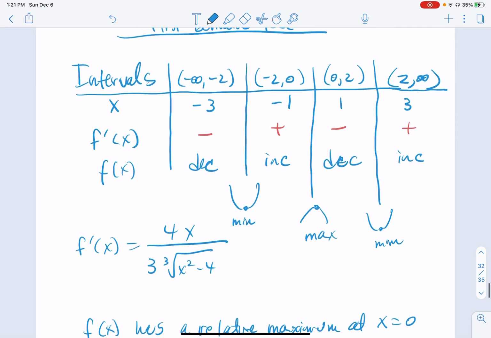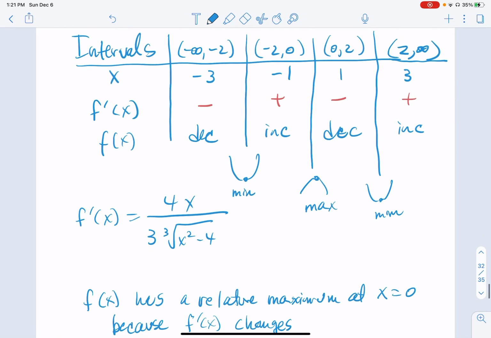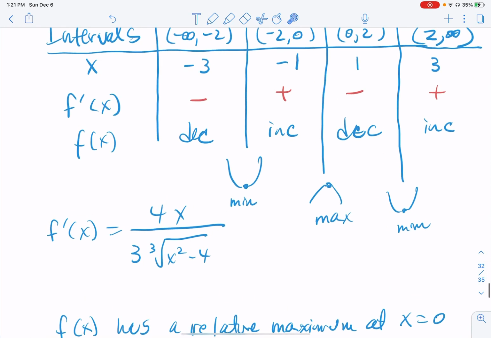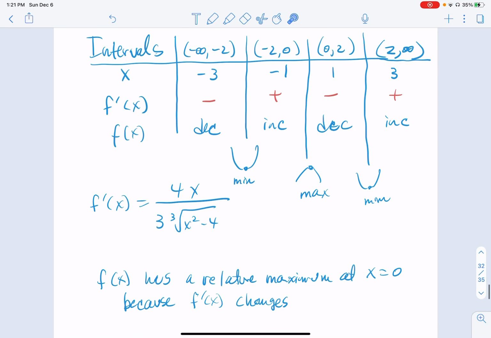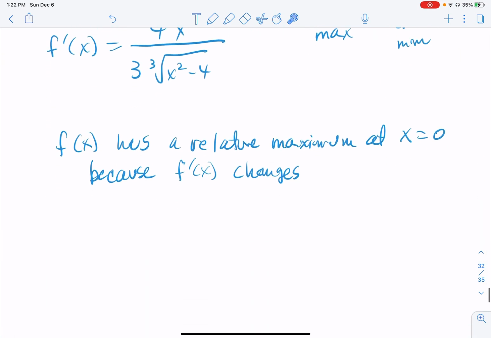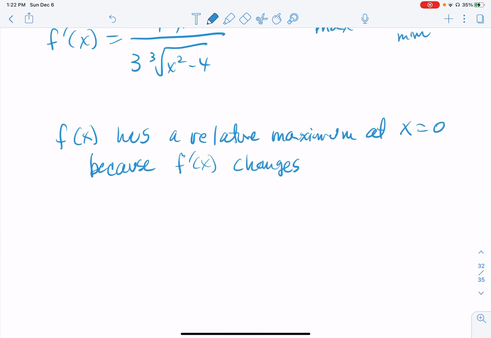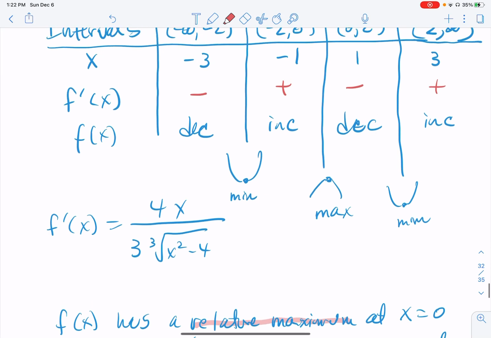So this is getting really messy. If I have a maximum, it goes from increasing to decreasing, the derivative goes from plus to minus for a relative max. It changes from positive to negative at x is equal to 0. There we go. We just justified that we had ourselves a relative maximum. You can justify the other ones as well.